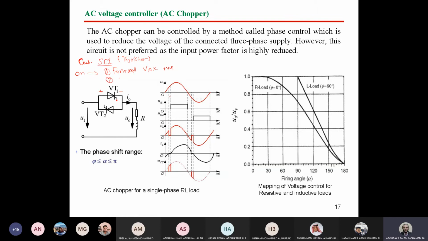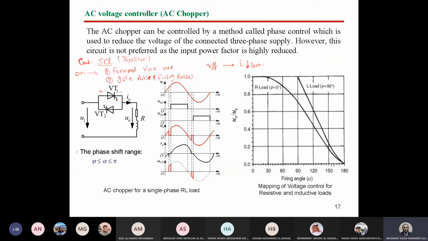Number two, to have a gate pulse, or we can say firing pulse. If you have the two conditions together, you can turn on the thyristor. The condition to turn off is I falls to zero. This is the condition to turn off the thyristor.